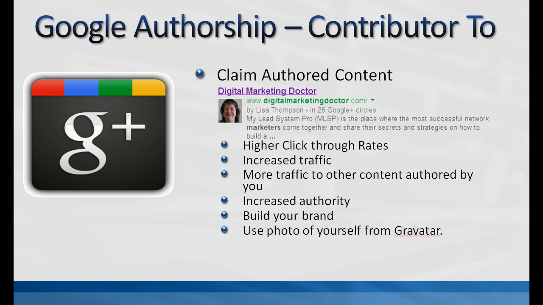So let's get started. I'm not going to go through how to set up a Gravatar. If you do a Google search or a YouTube search, you can find how to set up an image on Gravatar, and it's very, very easy. So now I'm going to pause the video, and we're going to set up your Google Authorship account.